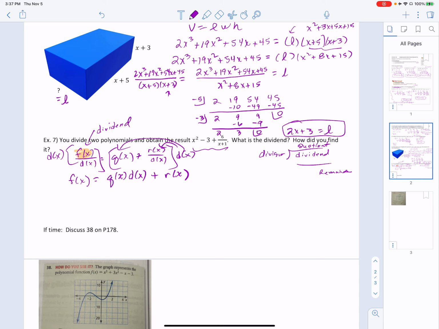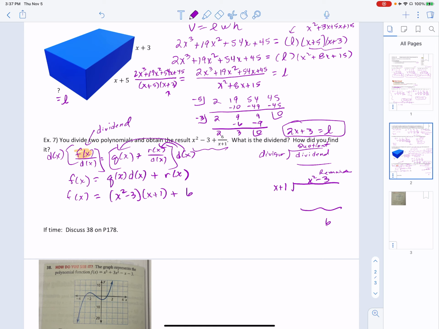I want to take the quotient times the divisor and add the remainder. So how is that related to x squared minus 3 plus 6? Well, if I think about this structure, the x plus 1 was the divisor. When I got done, I had a 6 for my remainder, and the quotient was the x squared minus 3. So to find the dividend, I need to take that quotient, multiply it by the divisor, and add the remainder.